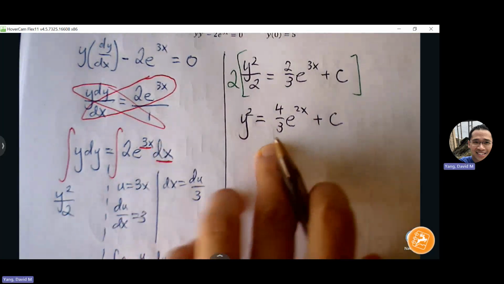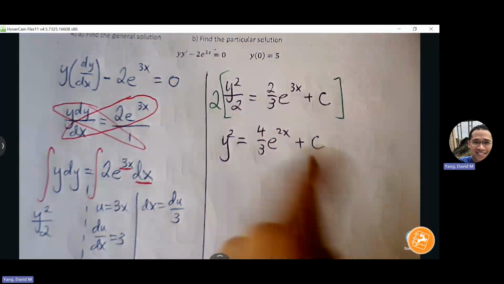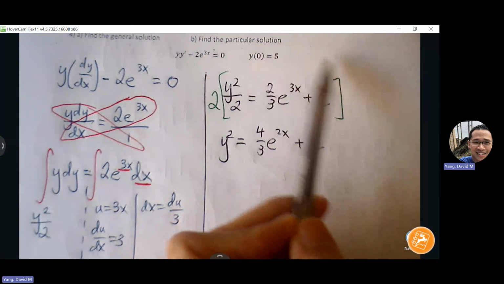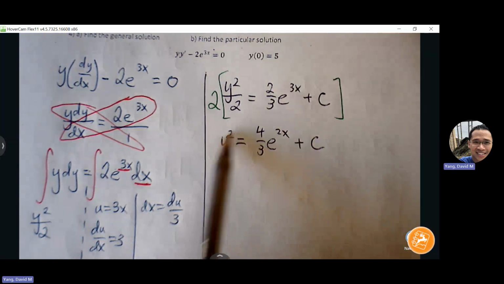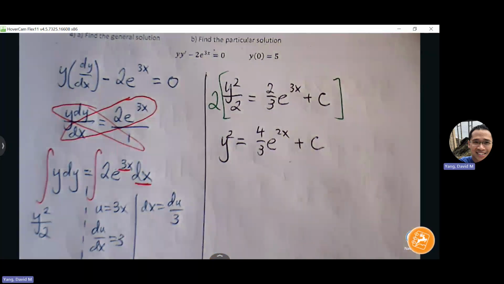I can take the square root, but I'm thinking, wait, maybe this is a good spot for me to plug in and solve for c, because this is a relatively clean equation. So I'm going to go ahead and do that.